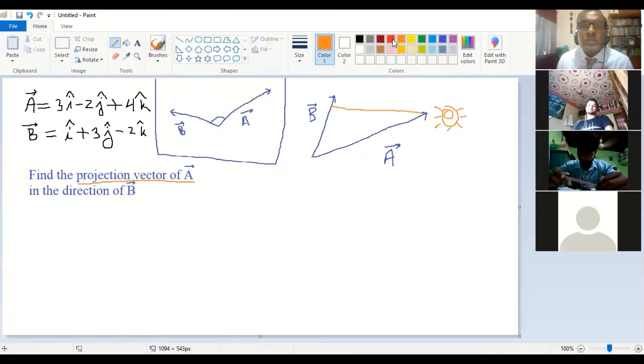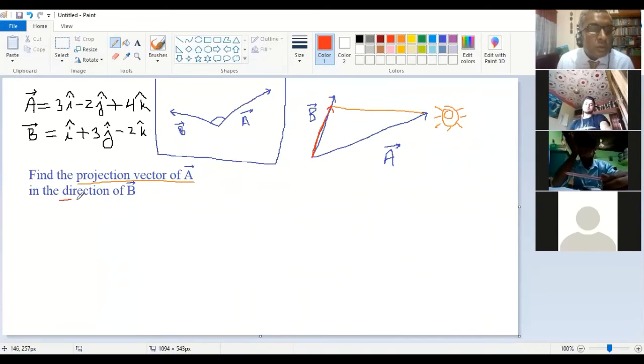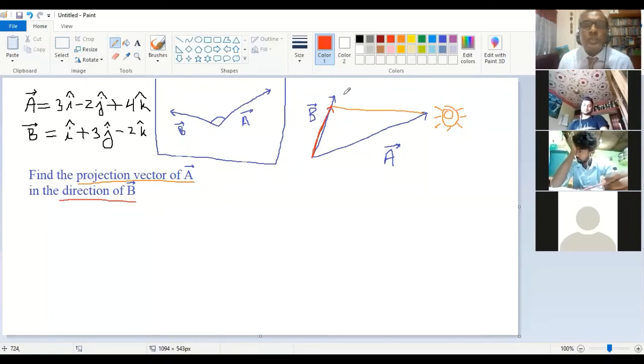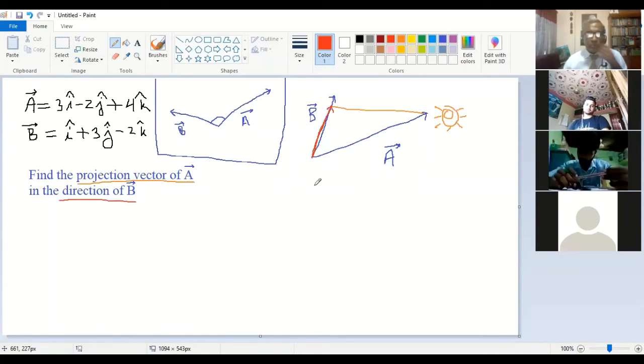So what is the shadow size? Shadow size is this. This is my shadow. Okay, you understand this thing? And then that will be in the same direction of B vector, in the direction of B. So you have to find out the shadow of this. Is that okay? Do you understand now?